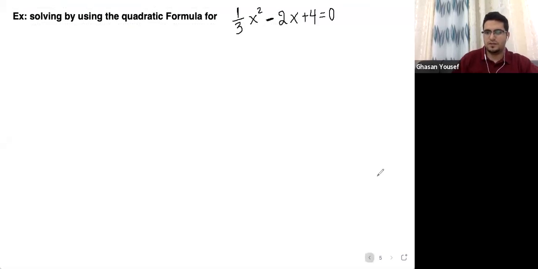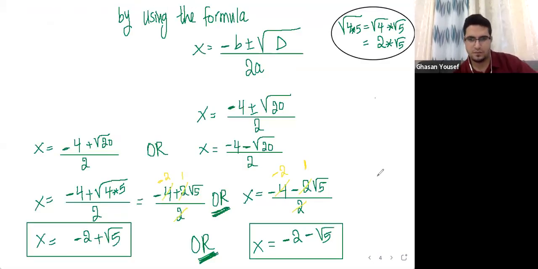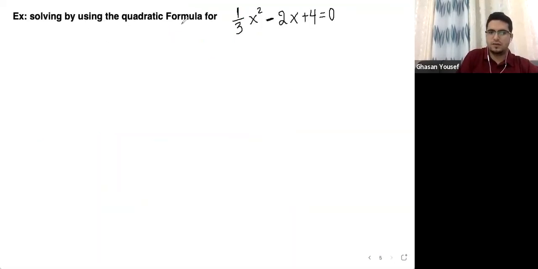Here you go, Jennifer. Okay, so now we have another example. Solve by using the quadratic formula for 1 over 3 x squared minus 2x plus 4.